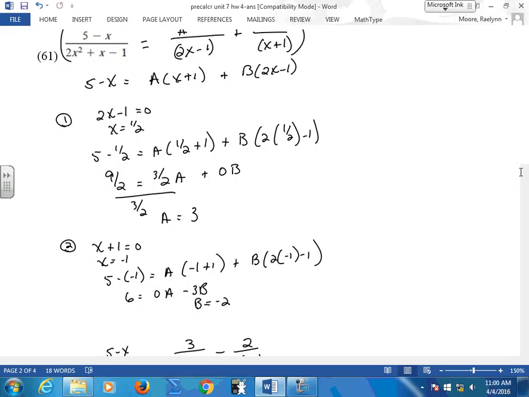If you get your factors wrong, it's not going to look the same, because you plan on canceling those factors out to find your A's and B's. If you get your factors wrong, then it's not going to come out to be the same answers.